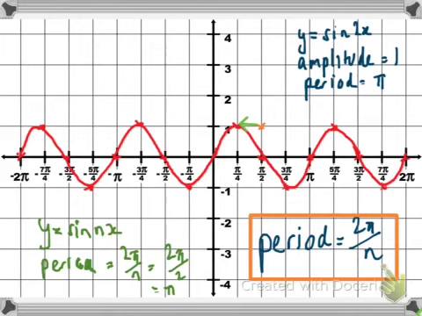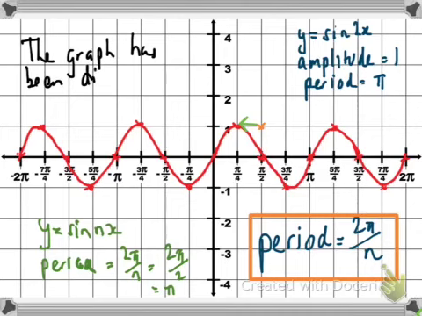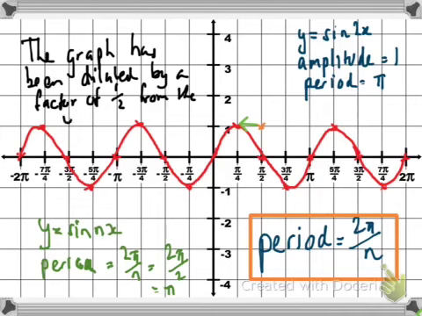So we can say here that the graph has been dilated by a factor of 1 on 2 from the y-axis. All those original points have gone closer to the y-axis by a factor of a half. So that's when you've got a coefficient in front of the x.